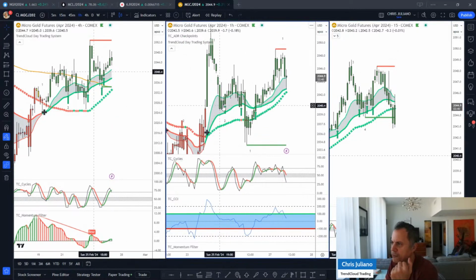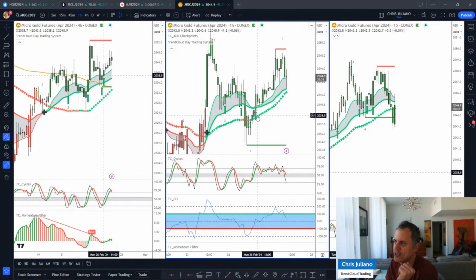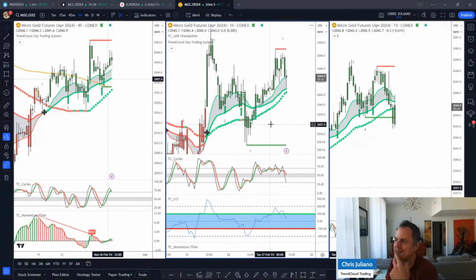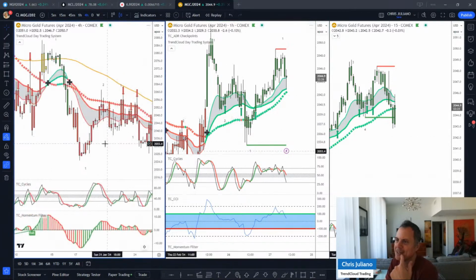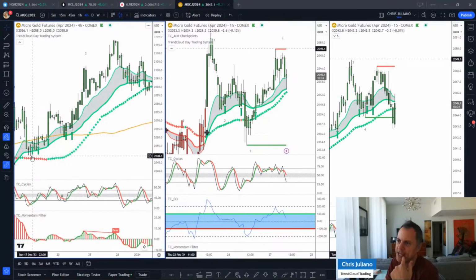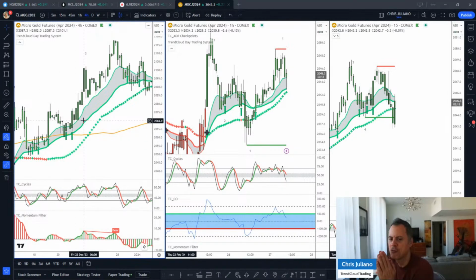All right, that's kind of a funky looking trend cloud, right? I don't like seeing that. I don't like seeing these squished trend cloud signals. It's not clean looking like this, right? So be careful of that. See how clean this is? Nice pullback into trend cloud. You've got the actual trend cloud nice and wide, right?